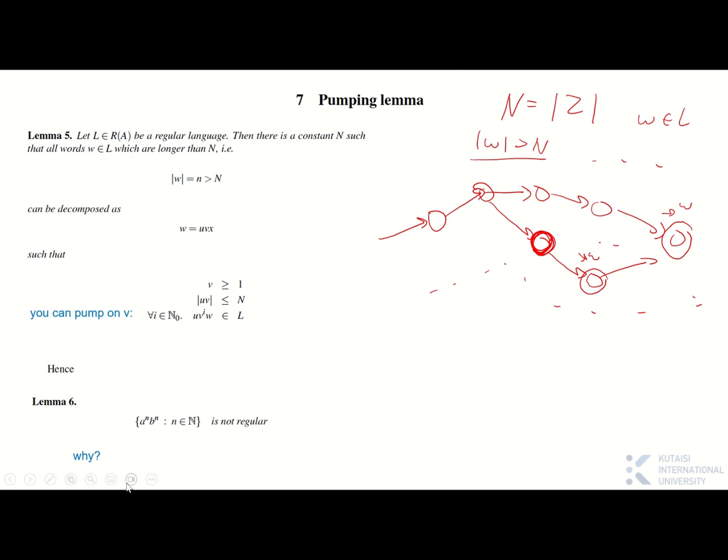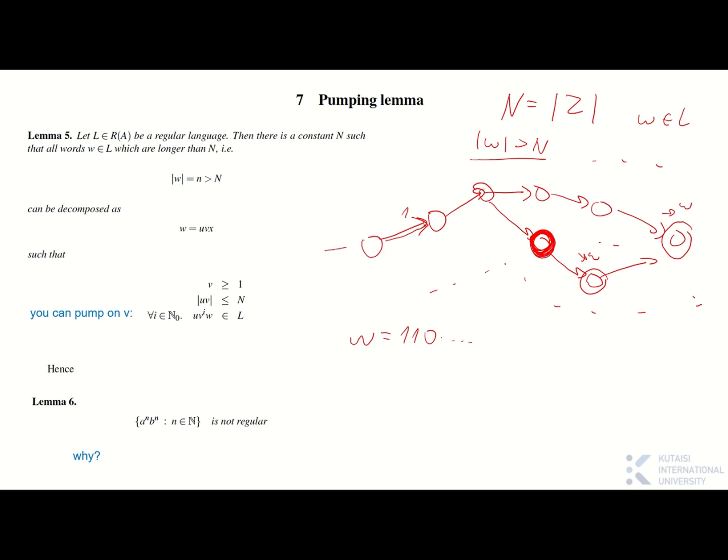So let me get my laser back. Let's bold it. So let's say this is the state that I visited twice. When I started my W, for simplicity let's say my W starts with 1, 1, 0, ... So this was my start state, right?